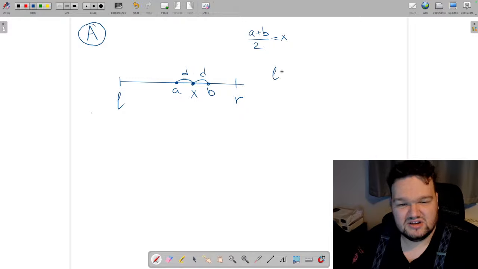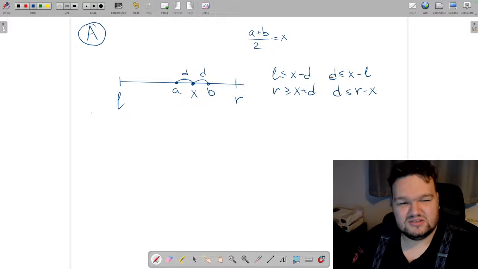So L should be at most x minus d, and on the right R should be at least x plus d. And from here we get that d should be at most x minus L, and also d should be at most R minus x.